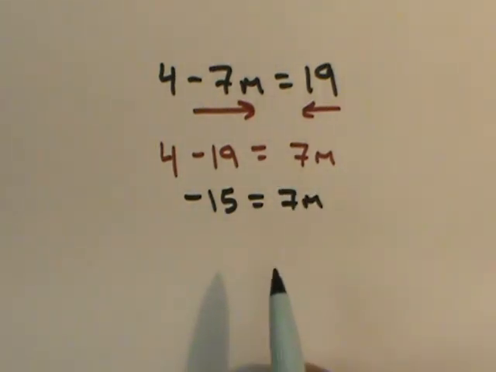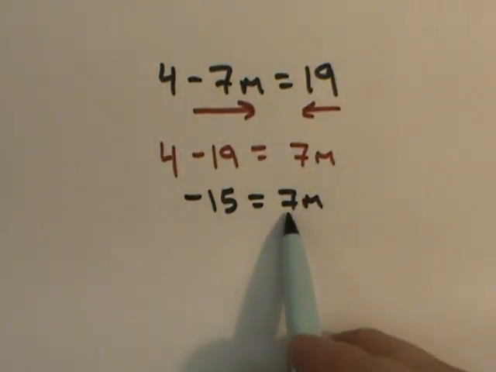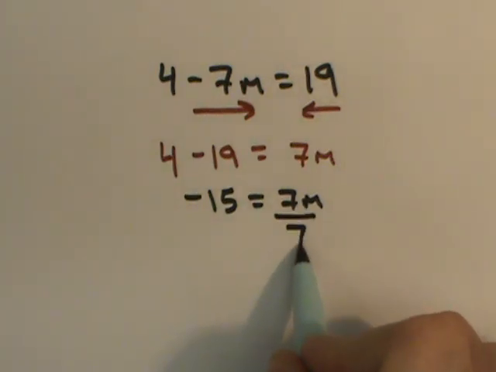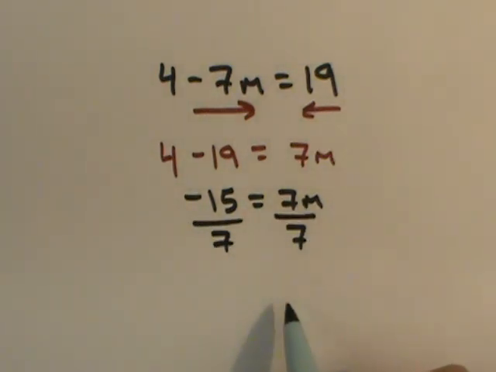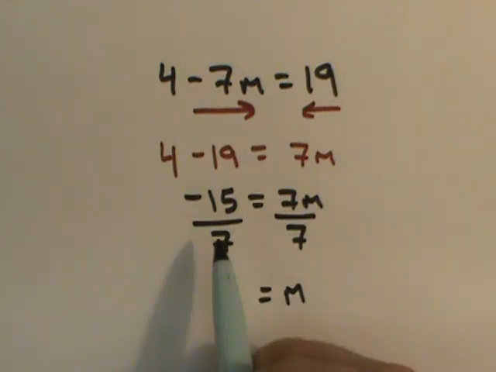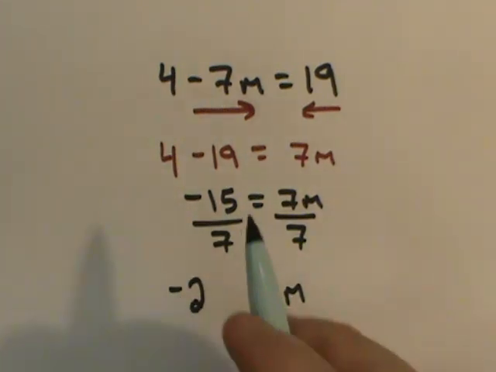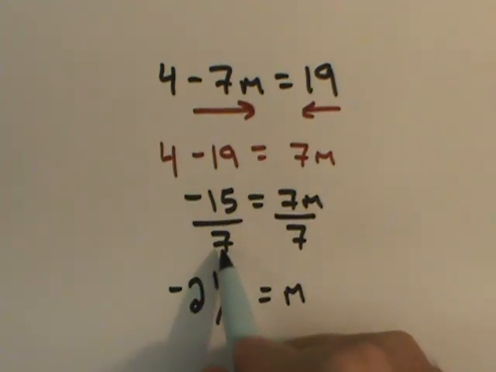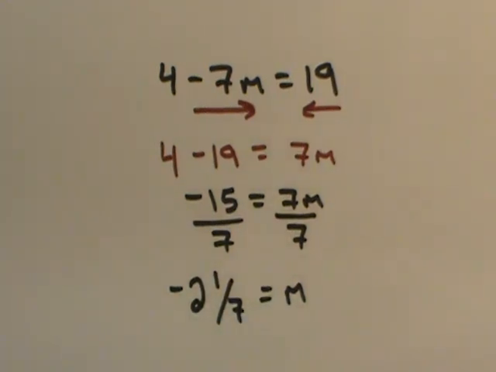And the last step would be to divide both sides by the coefficient of 7. As you divide by that number in front of the variable, you see that 7 goes into negative 15 negative 2 times, with 1 left over, so I call it 1. I retain that divisor, so I call it negative 2 1/7 equals m.